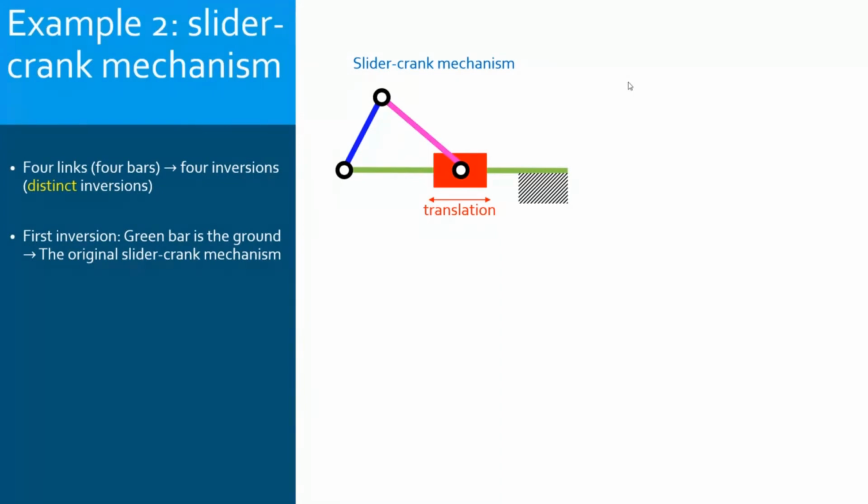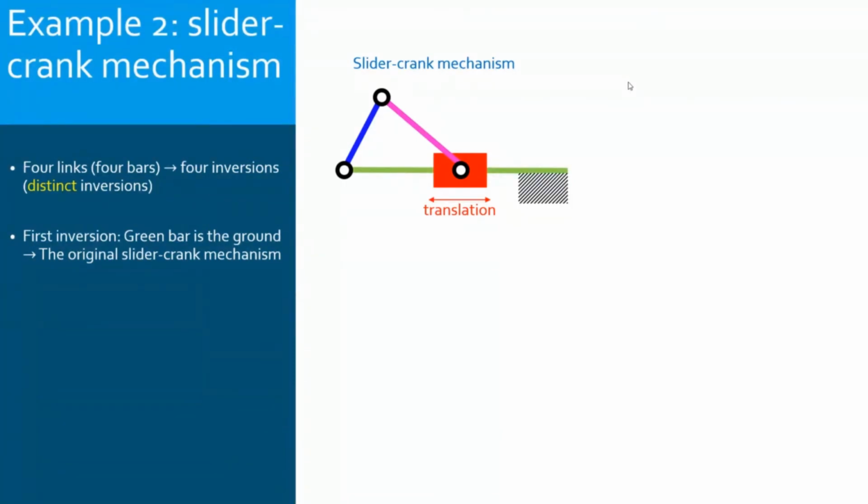So here I have grounded the green bar. The green bar is fixed, the green bar is static. So the slider is moving along the ground, along the green bar, which is fixed. So the motion here of the slider is a pure translation.